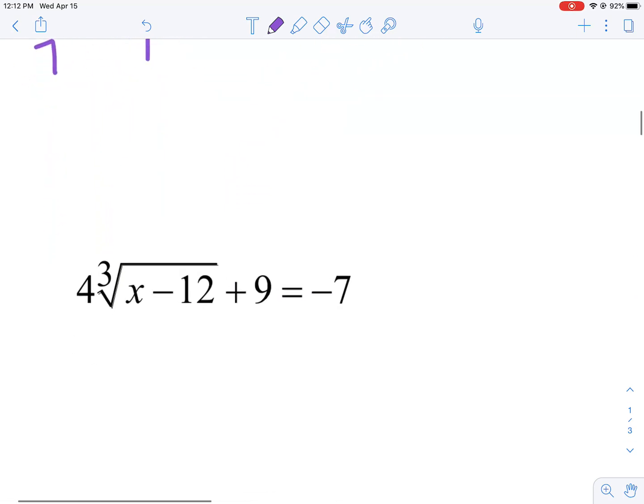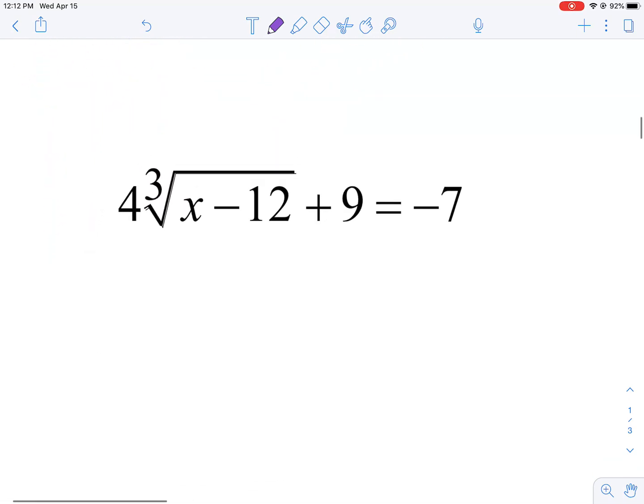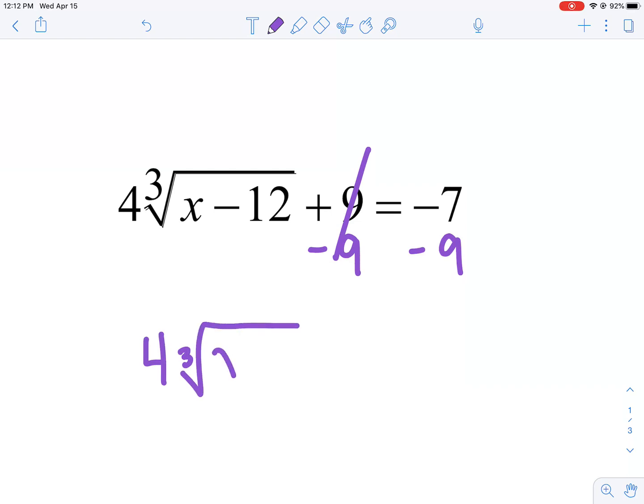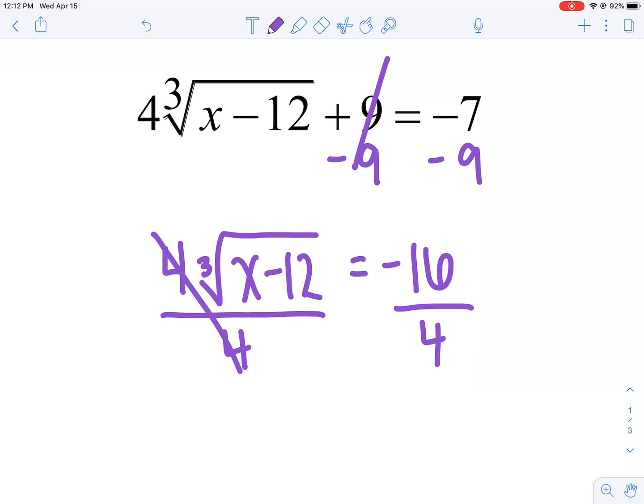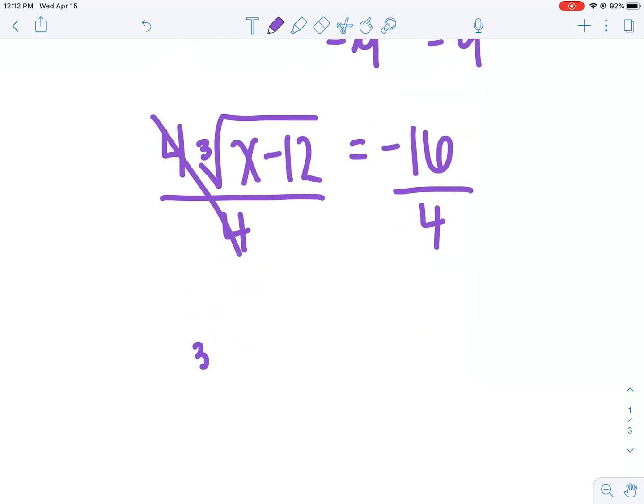On this one, I need to isolate the radical first. So I'm going to start by subtracting the 9. So now I have 4 times the cubic root of x minus 12 equals negative 7 minus 9, which is negative 16. And now I'm going to divide both sides by 4. So I have the cubic root of x minus 12 equals negative 16 divided by 4, which is negative 4.